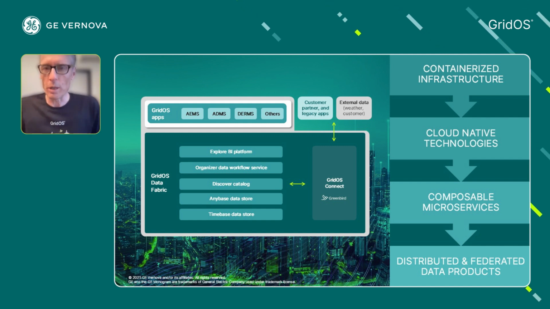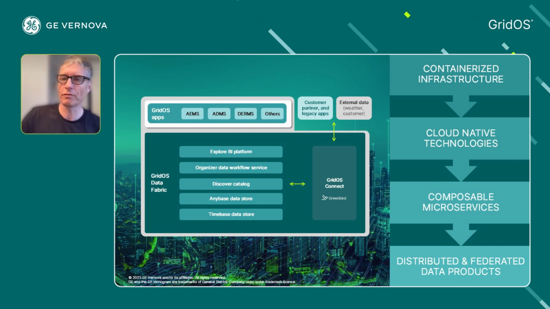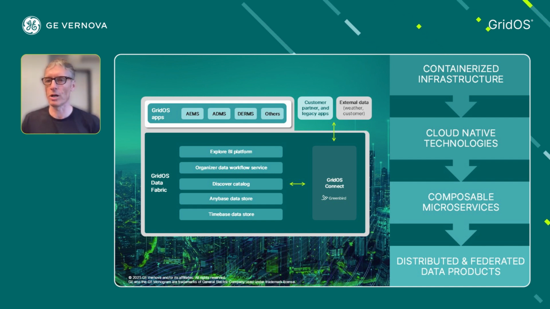But what you spoke about, the cloud-native nature of the platform, the containerized infrastructure, that is also, by the way, one of the big differences compared to the traditional horizontal platforms like a MuleSoft or like a TIBCO, like a WebMethods.